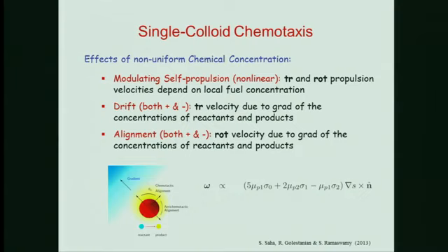There are other ways that the gradient will affect the motion of the particle. There is a drift. This is a term in the velocity which is proportional to the gradient, with a mobility which could be both positive and negative. And that could have contributions from the reactant or the solute or the substrate which is being depleted, and the product which is being introduced. All of these molecules could have different signs.